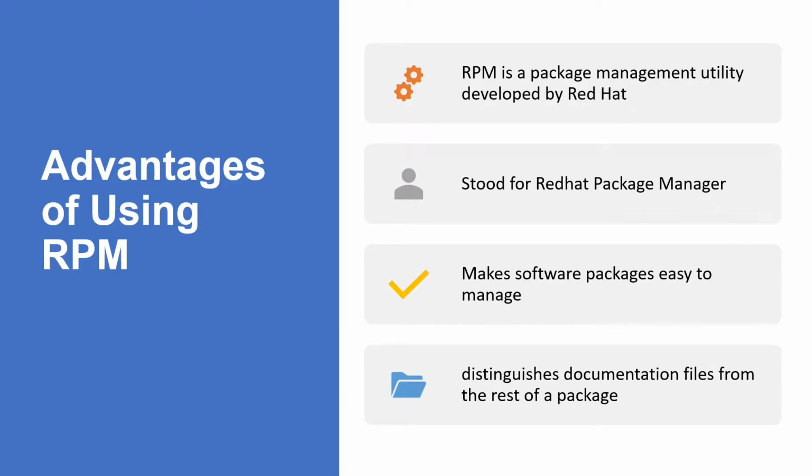It is easy to determine which package a particular file comes from, which version of the package is installed, and whether it was installed correctly. It is also easy to remove complete packages to free up disk space. RPM also distinguishes documentation files from the rest of the package, allowing you to choose whether to install documentation on the system.